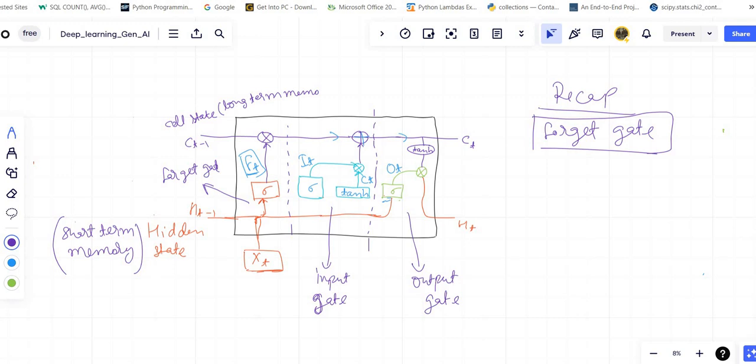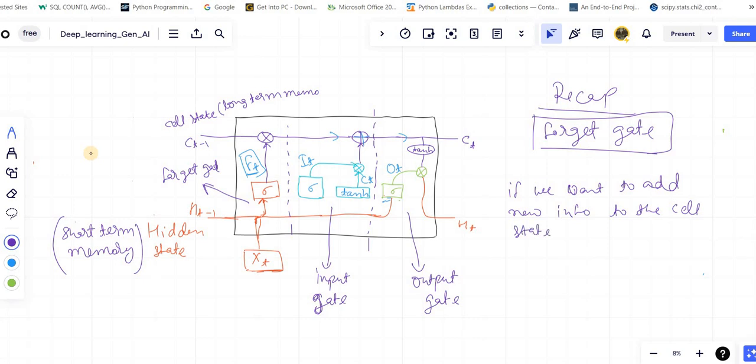So if we want to add some new info to the cell state, cell state is which one?